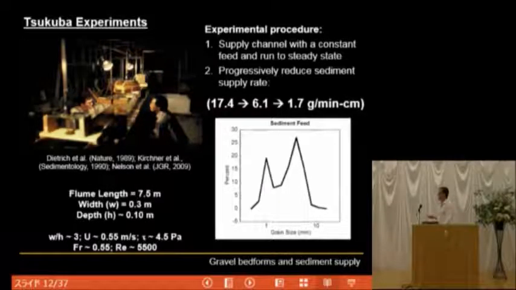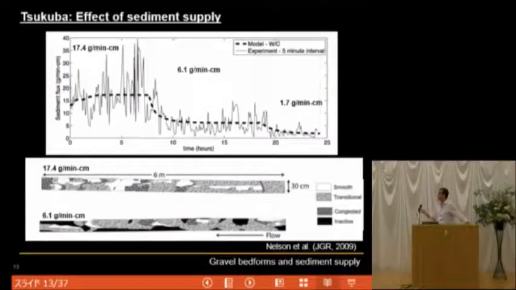We did a little bit of additional data analysis using some of the data that they collected in those experiments. And what we found is that they used a bimodal sediment, and that bimodal sediment produced these bed load sheets, right?